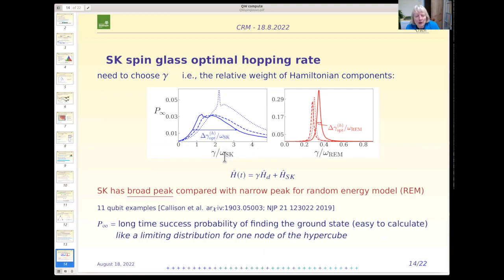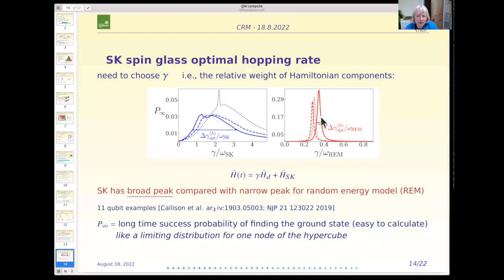And here are these omegas turning up so that everything has got units where it should do, and not where it shouldn't. Now, if we do the same thing, try a range of gammas for the random energy model, you get quite different graphs. You get sharp peaks, and they don't overlap completely.